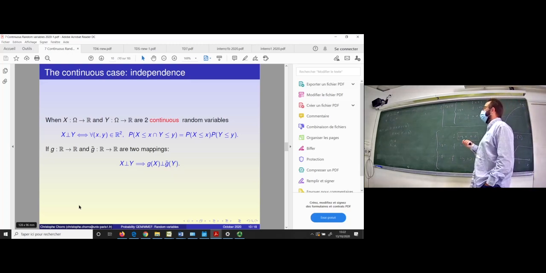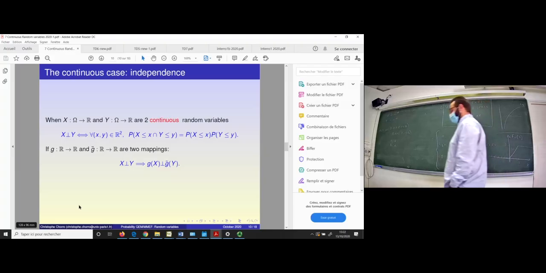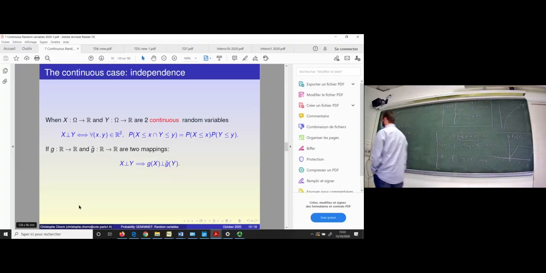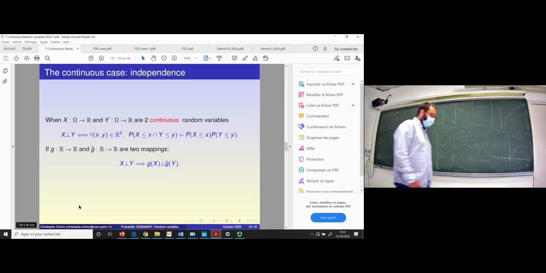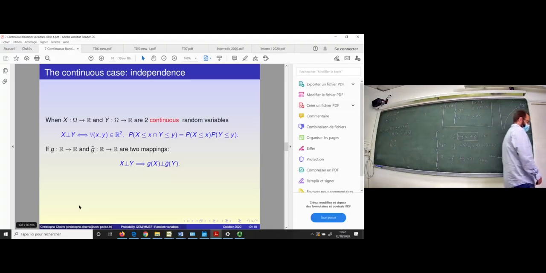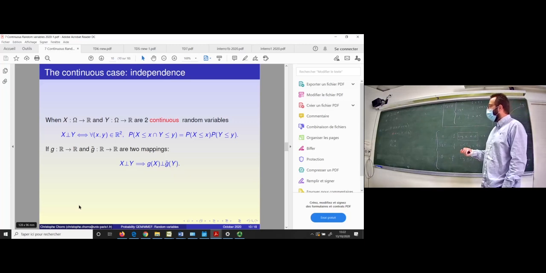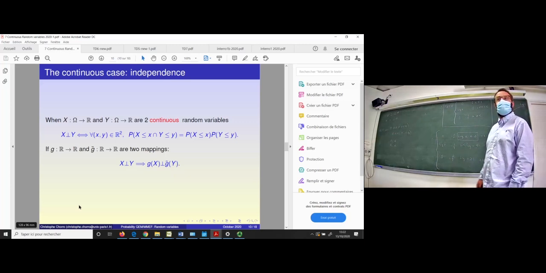That is, in the case where capital X and capital Y take a number of possible values that is at most countable, independence will be equivalent to the fact that the probability mass function of the pair is equal to the product of the probability mass functions of each component.